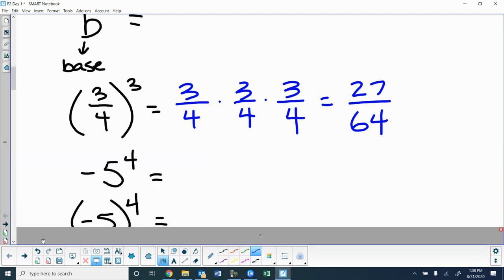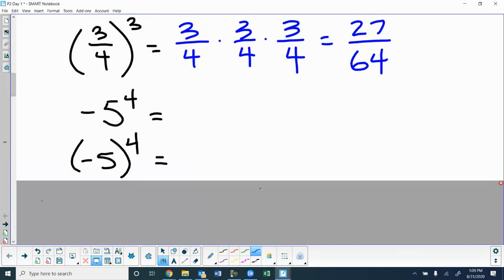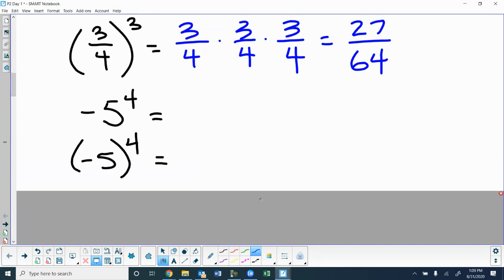What's the difference between those two? Which one's negative? The base is negative. Which one, the top one or the bottom one? The bottom one. The base is negative. In the top one, the base is positive, we just have a negative out front.